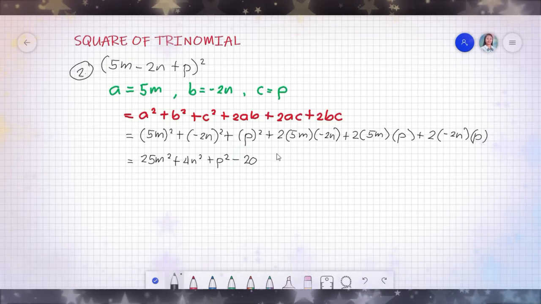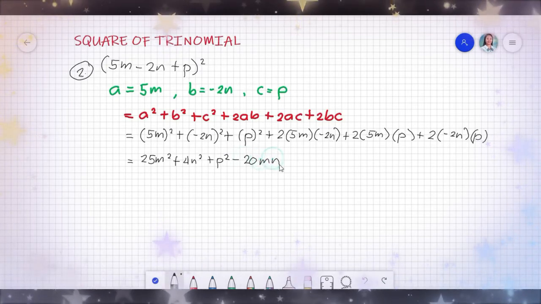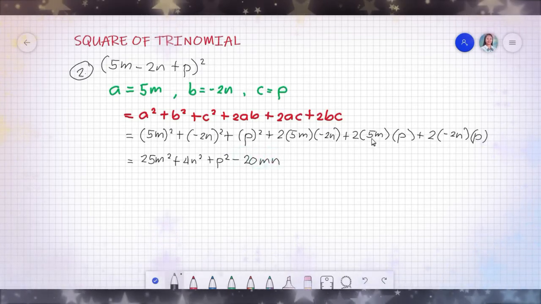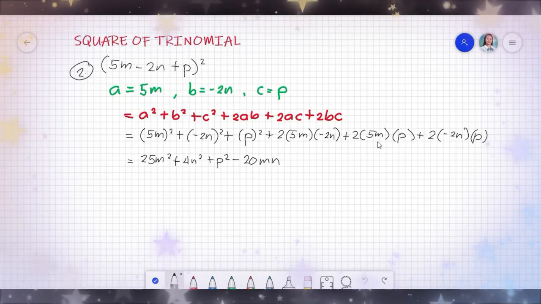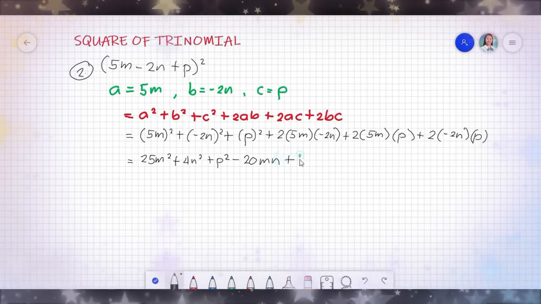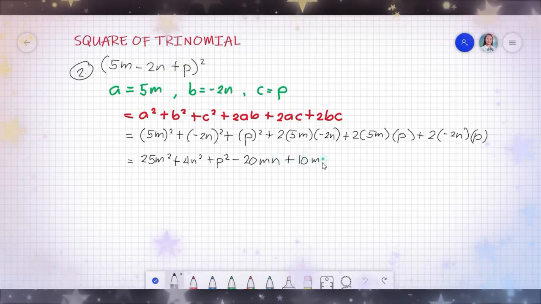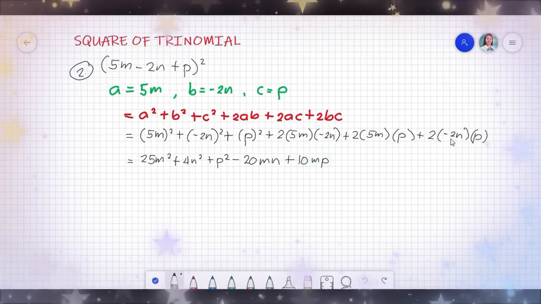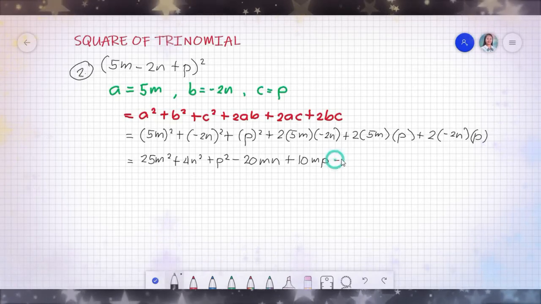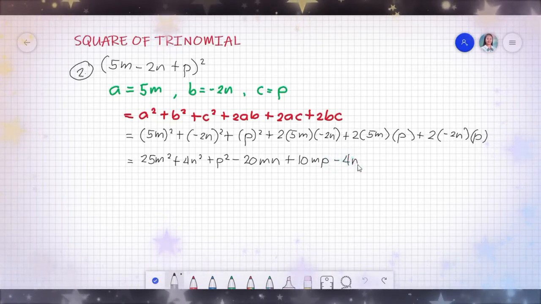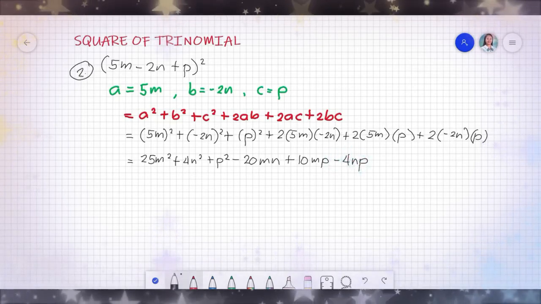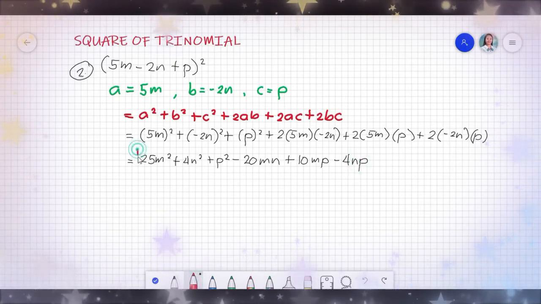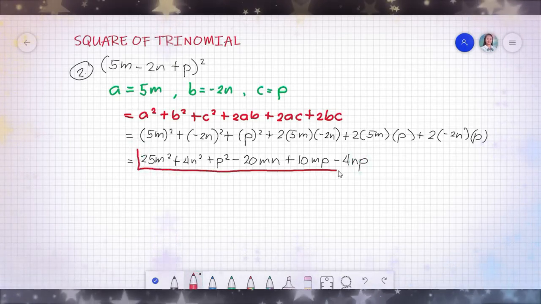Copy the variables, mn. 2 times 5 times the imaginary 1 here, that is positive 10mp. And lastly, 2 times negative 2, that is negative 4np. And that's it. That is now our final answer.